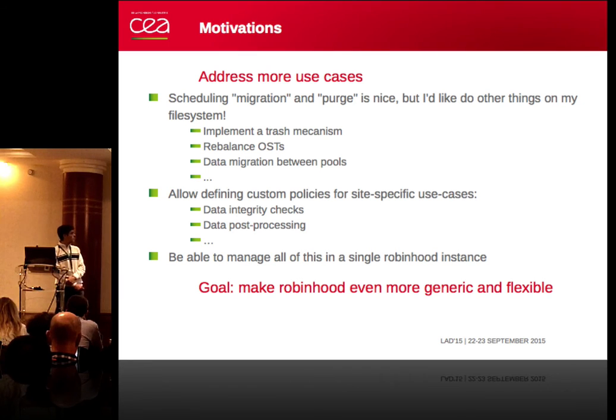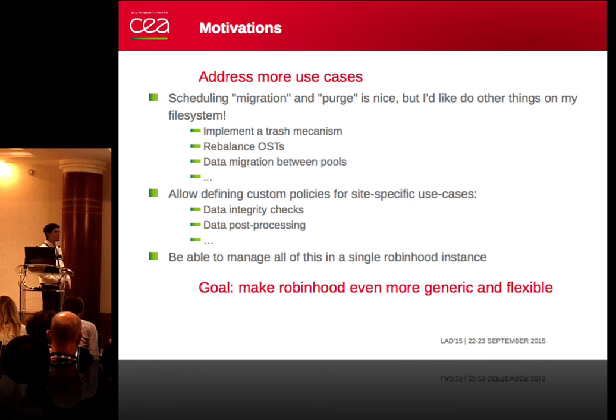So the first motivation for this version 3 is to address more use cases. Currently, the number of policies that Robinhood implements is quite limited and static. You can schedule migration, purge, HSM systems.